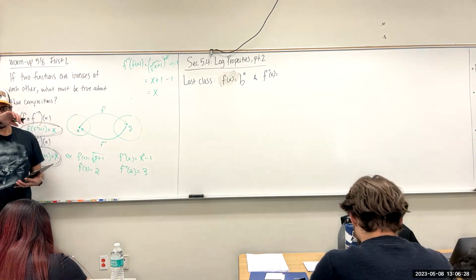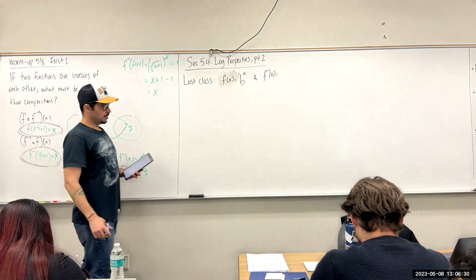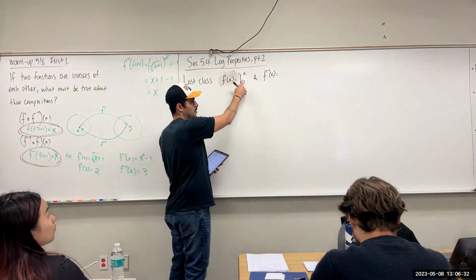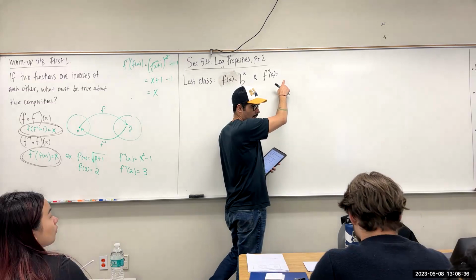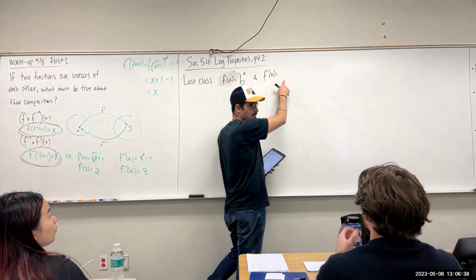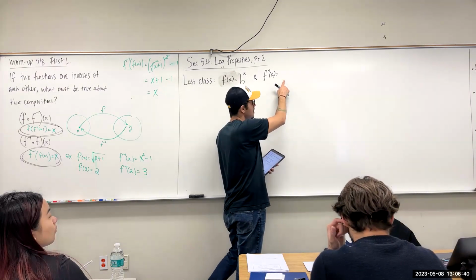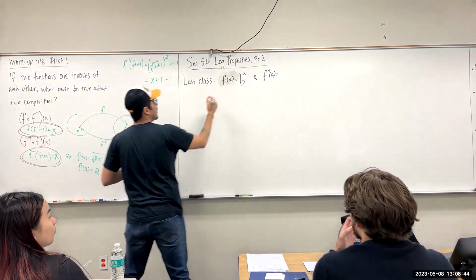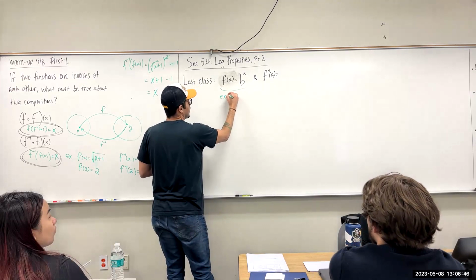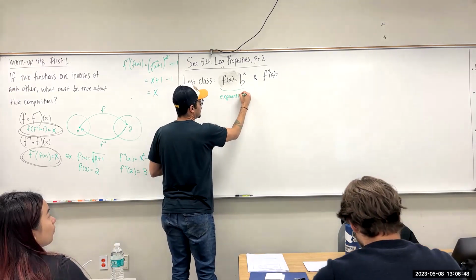If you look up your notes from Wednesday, if this function was 5 to the x, the inverse would be... this one's an exponential function.